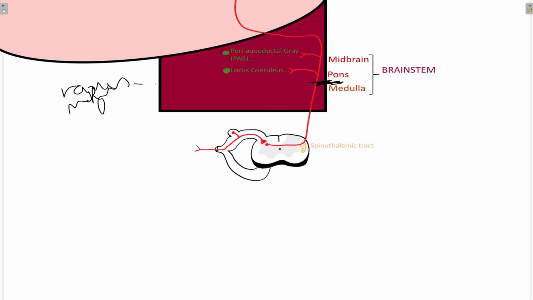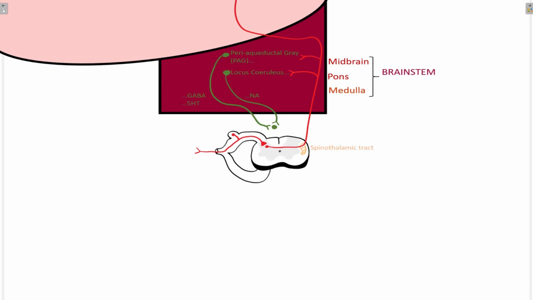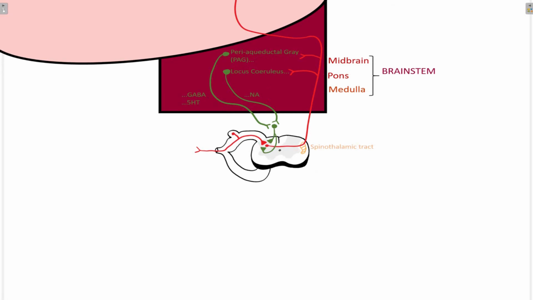What happens is, through a cascade of interneurons, including GABA and enkephalins, it can cause activation of serotonergic interneurons on the periaqueductal grey eventually, and the locus ceruleus through activation of interneurons, and it eventually comes to noradrenergic interneurons, and these cause activation of further interneurons, which actually branch back into the spine via the dorsolateral tract.